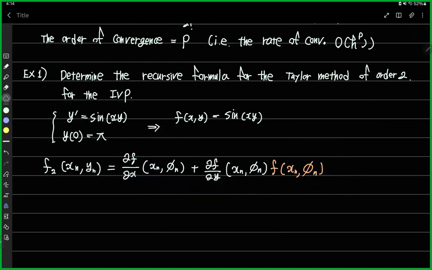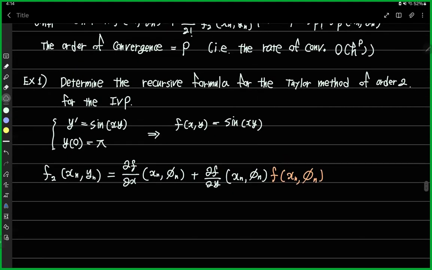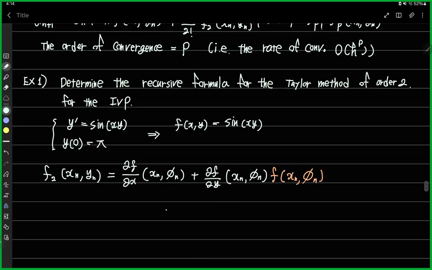Okay, so this is y sub n, sorry, this is y sub n, and this is y sub n. So the partial derivative of f with respect to x is going to be what? What's the derivative of sine of xy with respect to x?